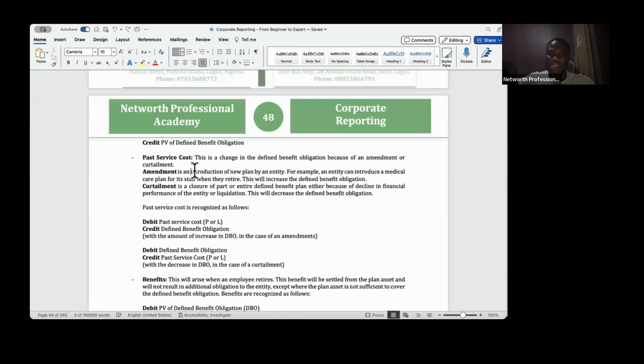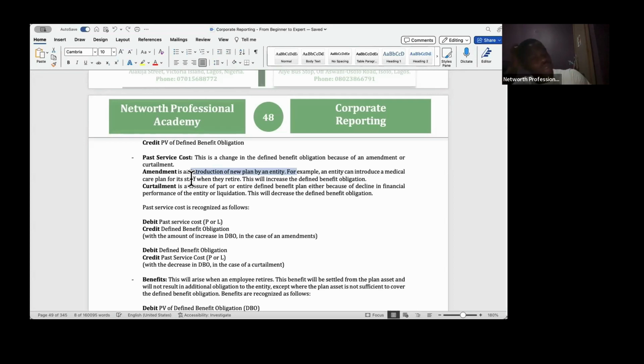Amendment in the sense that the employer can introduce a new plan. For example, they can say they are introducing a medical plan for their staff. Maybe the company is doing well. So they say, okay, we will provide care for all of you when you retire. That's an amendment, especially if it was not in the original plan and they introduce it along the line.